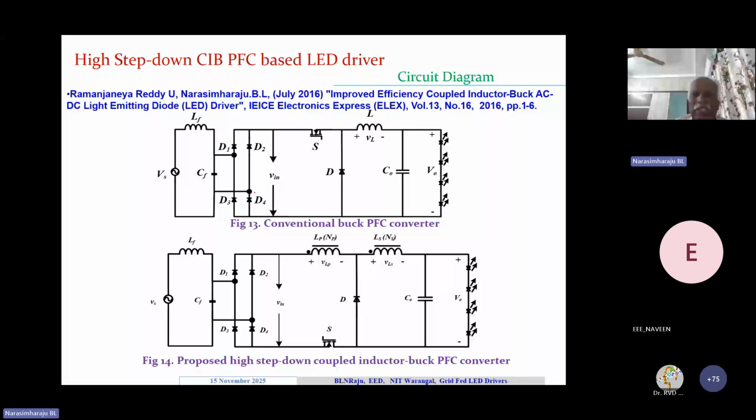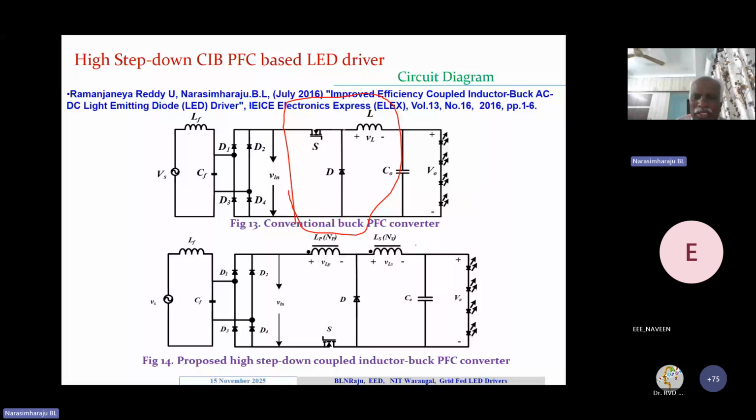For step down conversion, this is a simple buck converter structure. We took this for comparison purposes, to validate our improvised step down conversion. That is possible with just a simple circuit; there is nothing additional added in our improved circuit. The circuit is as simple as the conventional buck converter.